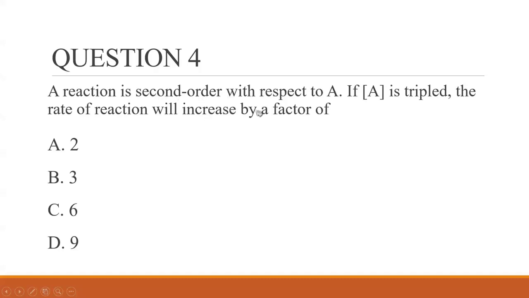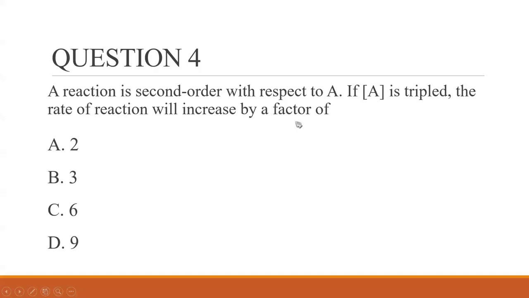So second order has rate equal to K times the concentration of A squared. So if we triple A, then that means we are going to have 3 squared times the concentration of A squared.